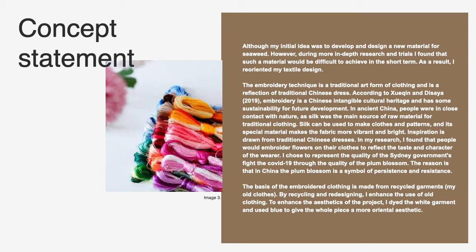In ancient China, people were in close contact with nature, as silk was the main source of raw material for traditional clothing. Silk can be used to make clothes and patterns, and its special materials make the fabric more bright. Inspiration is drawn from traditional Chinese dress.